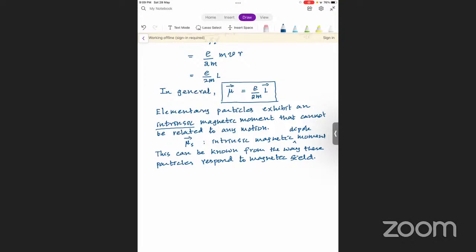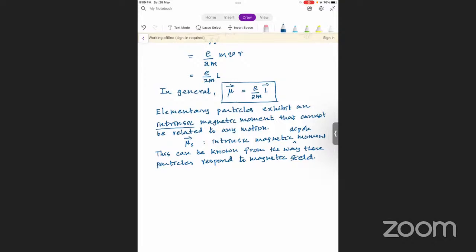Now one can ask a question: because there is a relation between angular momentum and dipole moment, and here we have a magnetic dipole moment, can we define an angular momentum for this?